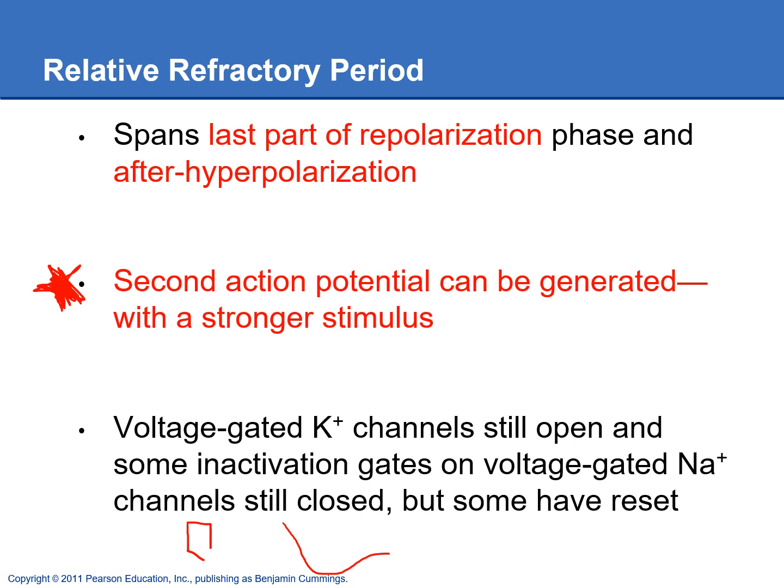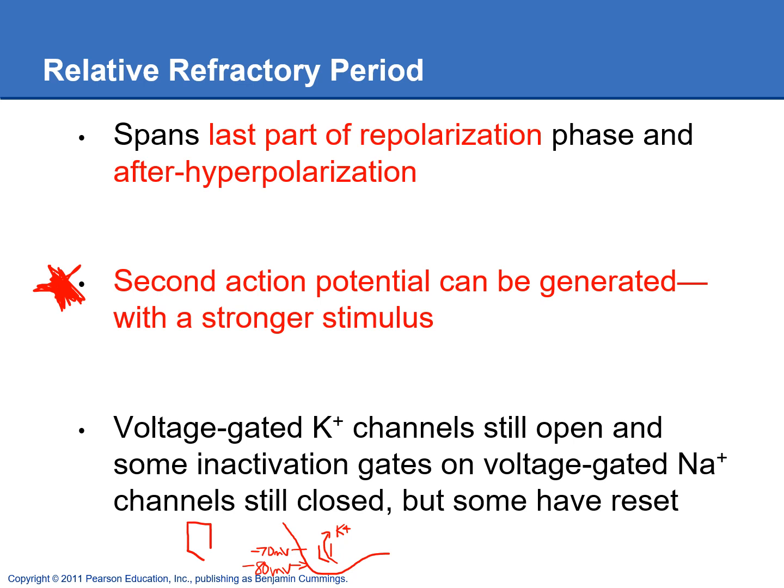And so you're more negative than that minus 70 millivolts resting membrane potential. You've still got some of your voltage-gated potassium channels open with potassium leaving, and that's making it more negative. So maybe you're down here at minus 80 millivolts or minus 90 millivolts or something like that.